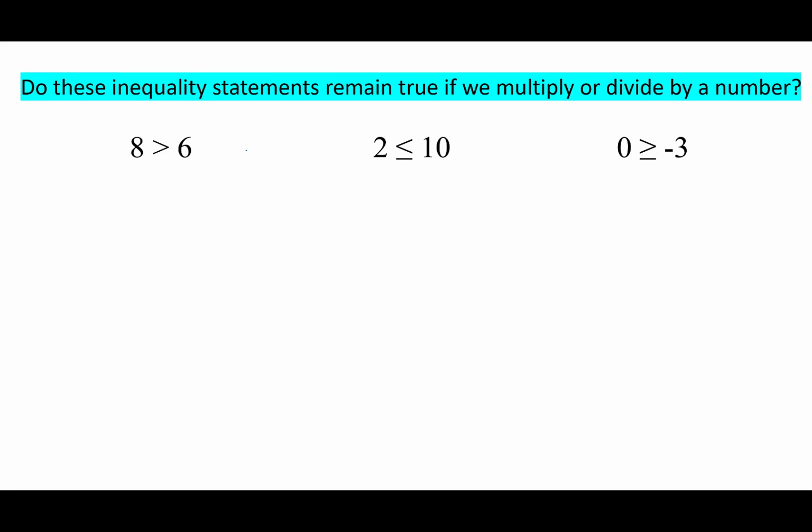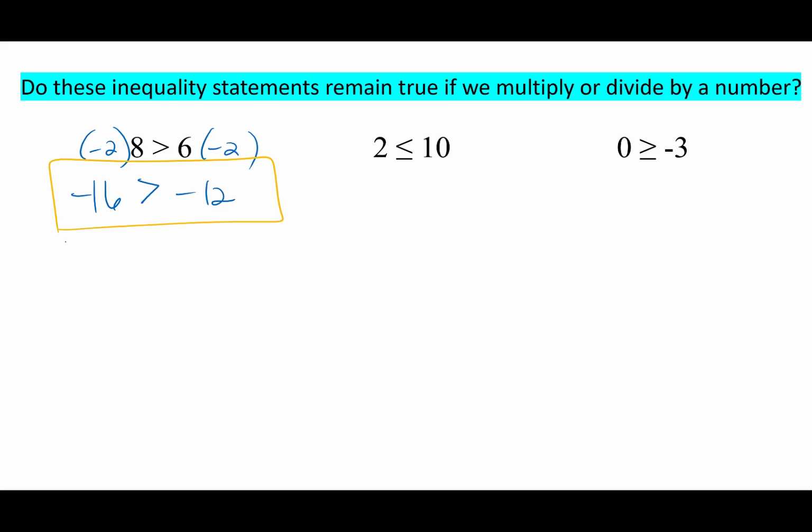What if I take that same inequality and multiply it by a negative 2. Negative 2 times 8 is negative 16. Negative 2 times 6 is negative 12. We'll bring down the same inequality sign. And take a look at that statement. Negative 16 greater than negative 12. Is that a true statement?